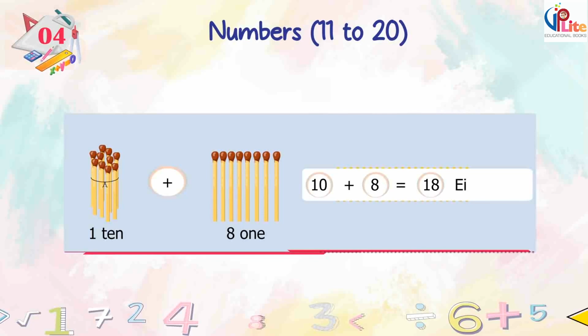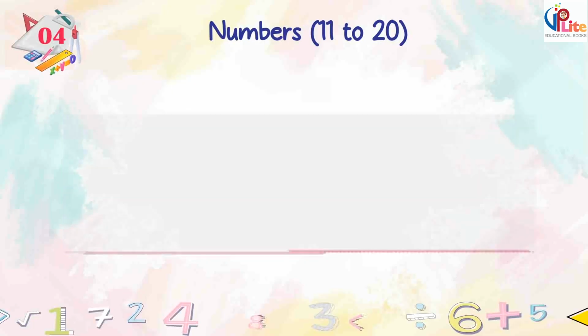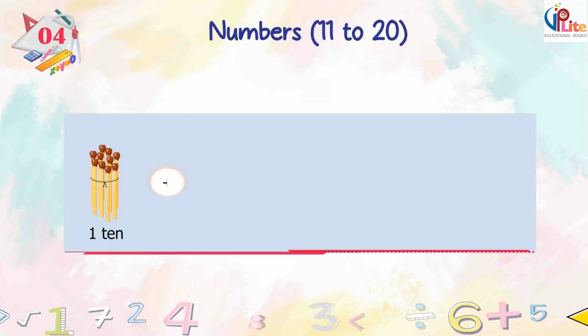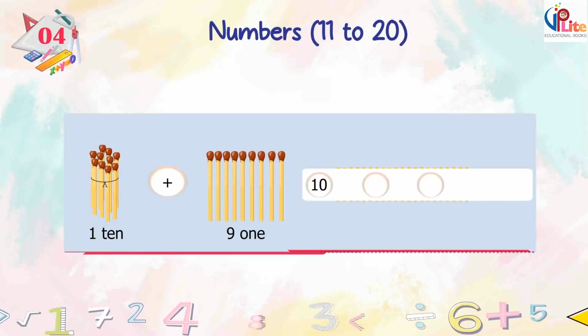E I G H T E E N. 1 ten plus 9. 1 ten plus 9 is equal to 19. N I N E T E E N.